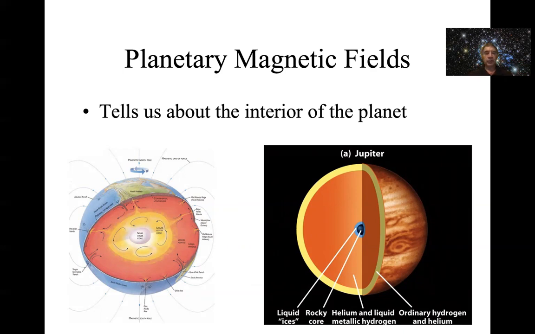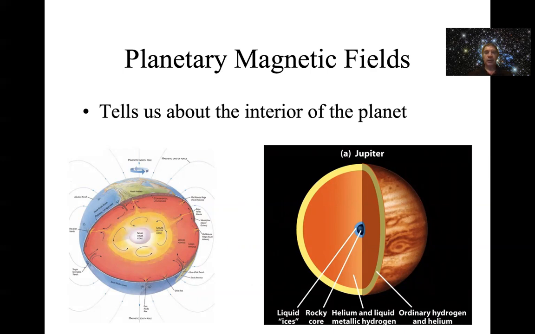The only reason the Earth has a magnetic field is because it has a liquid iron core. So a prerequisite for a planet having a magnetic field is that you've got some kind of conducting medium that is basically liquid and can move.